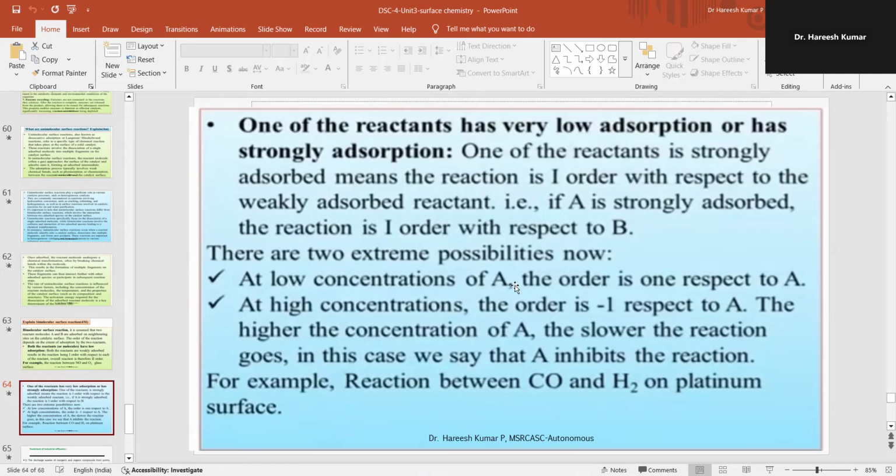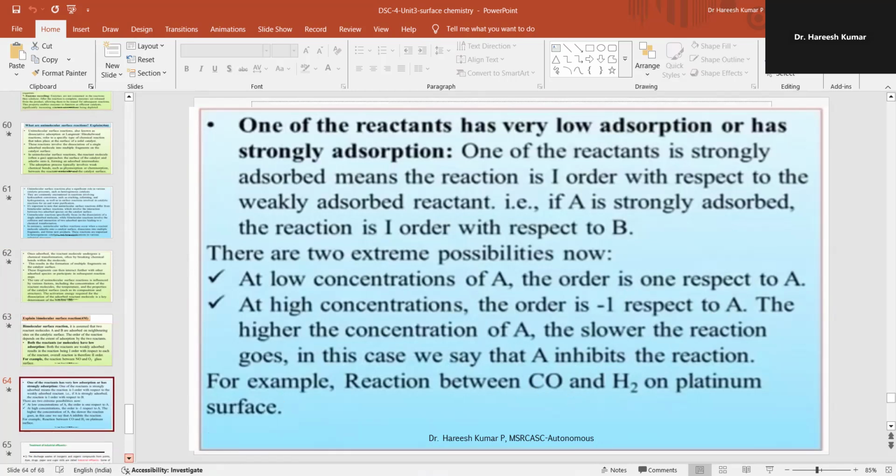At low concentration of A, the order is 1 with respect to A. At high concentration, the order is -1 with respect to A. The higher the concentration of A, the slower the reaction goes. In this case, we say that A inhibits the reaction. For example, the reaction between carbon monoxide and hydrogen on a platinum surface.